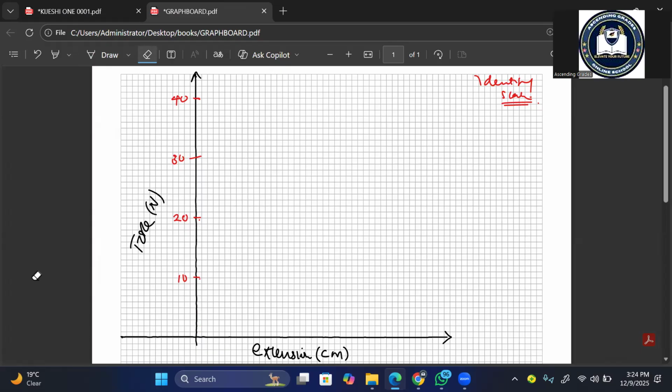Then on my x-axis, we are having 0 to 8. So I can just count 5 boxes to be 2 units.